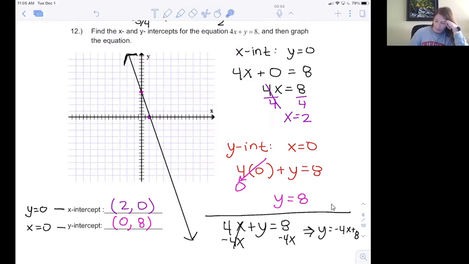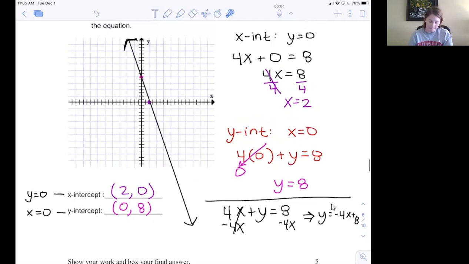So if you were to graph it that way, you would start at 8, which is what we have, right? That's what tells us our y-intercept. So we start at 8, and then I go down 1, 2, 3, 4 over 1. That looks right. So you should get the same thing. So you can always graph it that way and then look where the line crosses the x-axis and the y-axis.